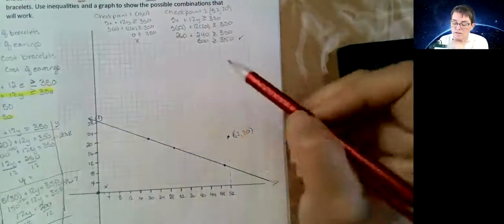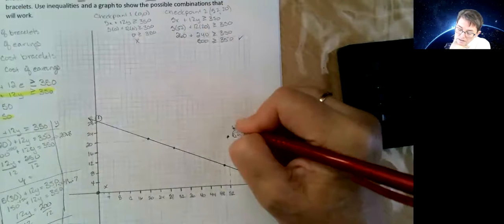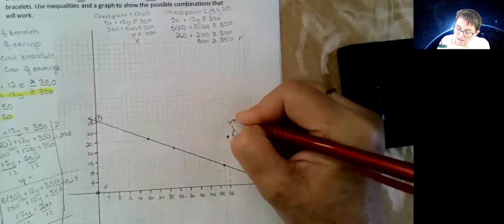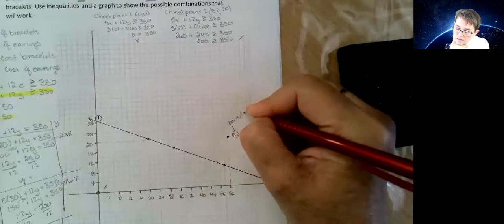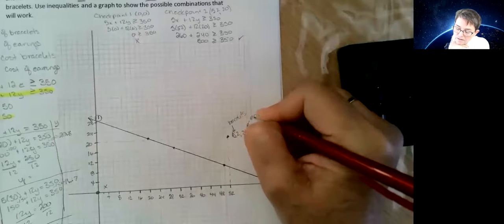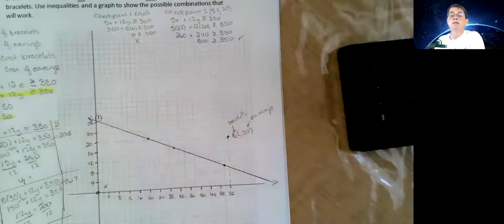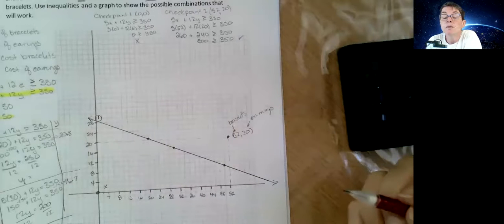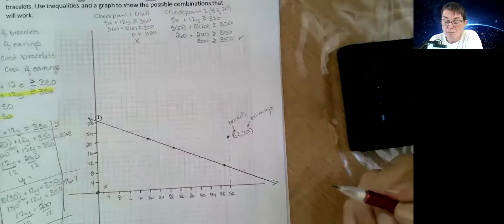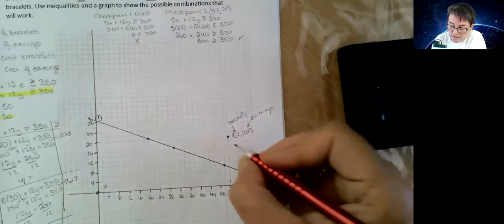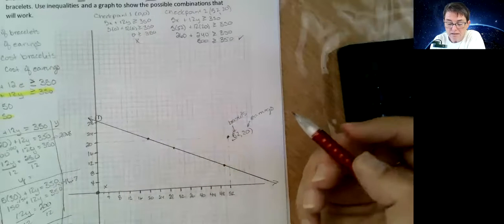So basically, if she sells 52 bracelets and 20 pairs of earrings, she is in a good spot, and she will earn more than the $350 that she was looking for, because it's at least that amount. So that means this is the correct side.